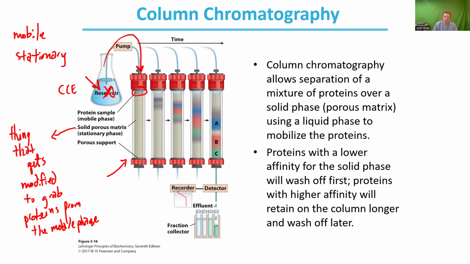Over time, your mobile phase will flow through this column, and different proteins will separate from one another based on how attracted they are to the stationary phase. So how tightly does the stationary phase bind them?